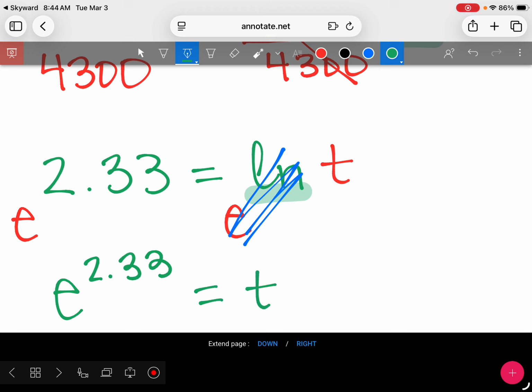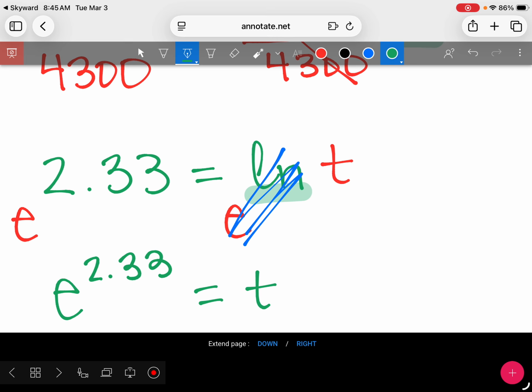Type that in your calculator and round it to a whole number. No decimals. To get the E, you have to hit the green key, then LN. No decimals in your answers.